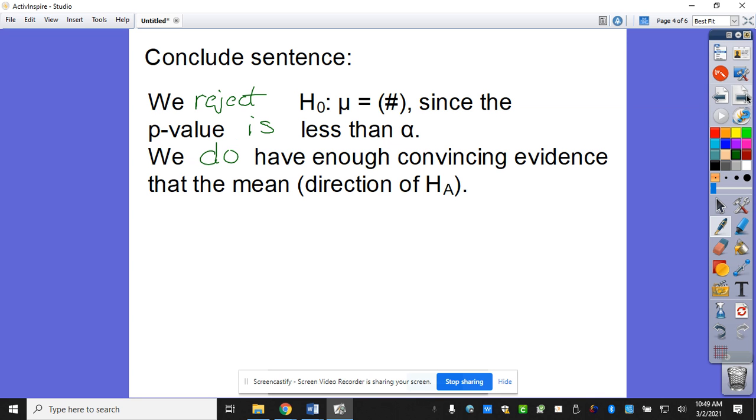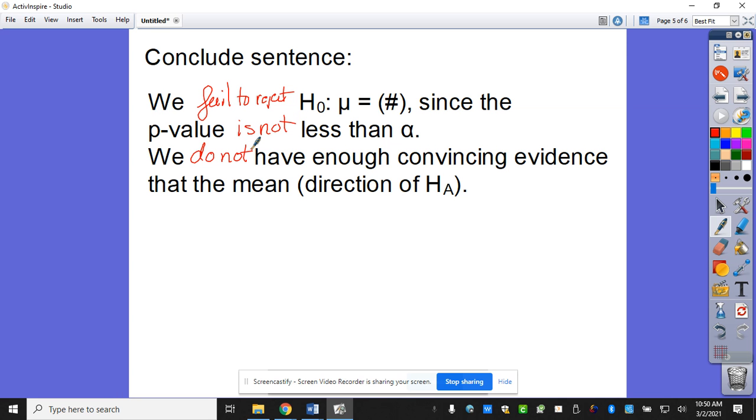As opposed to this one, where we fail to reject the null hypothesis, since the p-value is not less than alpha, which means we do not have. So all of those: failed, reject, is not, do not. It's either all positives or all negatives. It's easier to remember it that way than try to think of it as greater than or equal to when switching through all that.